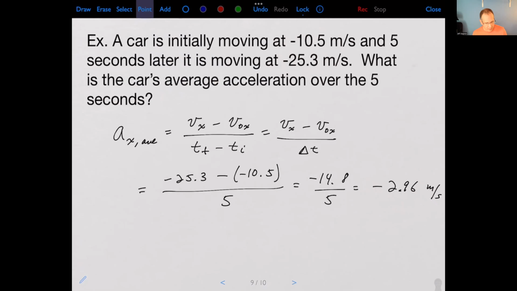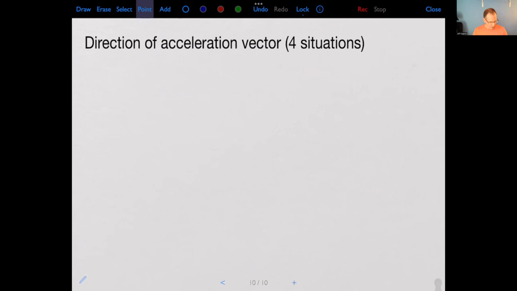Okay, the last thing I want to do here is, actually it's similar to this problem right here. Given the initial and final velocities, I want to show you the different possibilities for the direction of the acceleration. Okay, so I'm going to do this in pictures. So first picture.